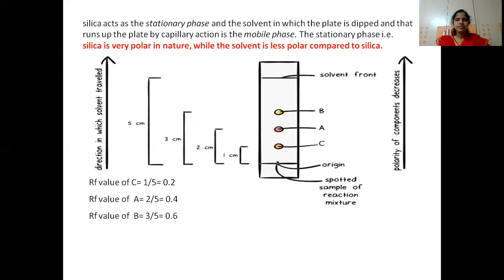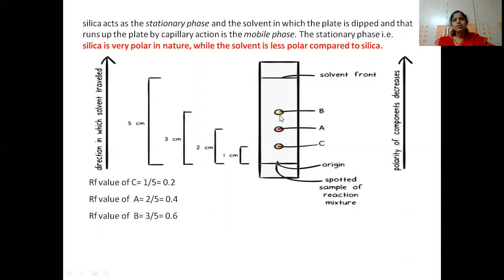traveled by that component. So as the component C has traveled to a lesser extent, that means we can say that C is more polar in nature. Because it is more polar in nature, it is strongly binded to the adsorbent, and hence the distance traveled by C is less. Suppose if we take the component B, so B is less polar. How we can say that it is less polar? Because the distance traveled by B is more.